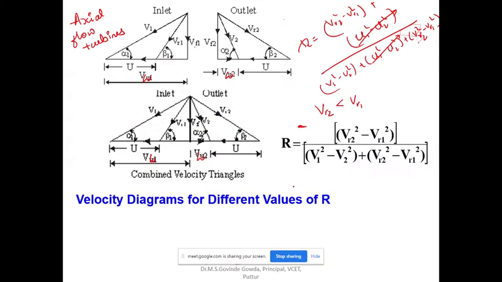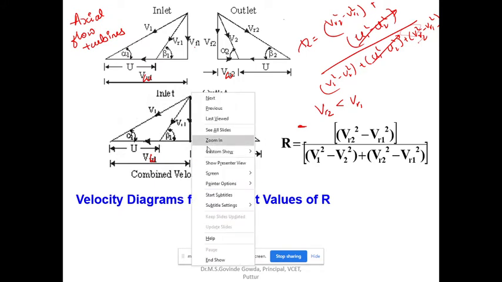That is possible here. So now I request you to take a sheet and draw a format on the side. I will show you one format.